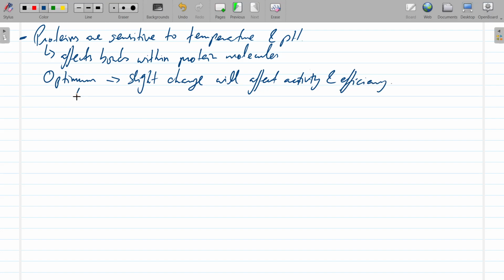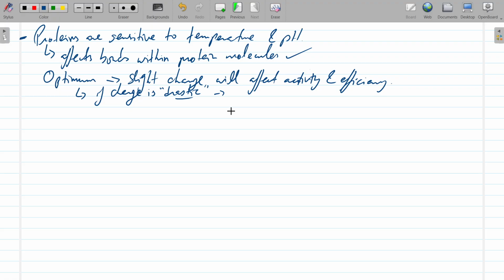But if the change is drastic, and again drastic, I'll put the inverted commas because it really depends on the protein how sensitive it is, then these bonds will be affected and the protein molecule will end up losing its shape because those bonds will be broken.